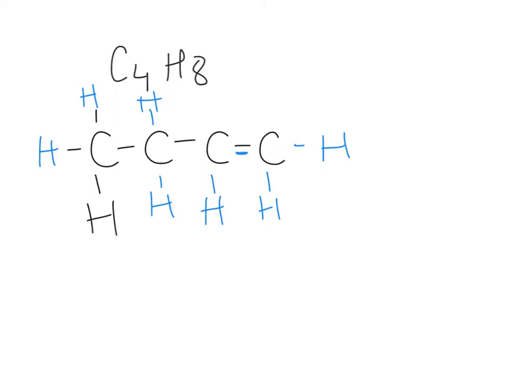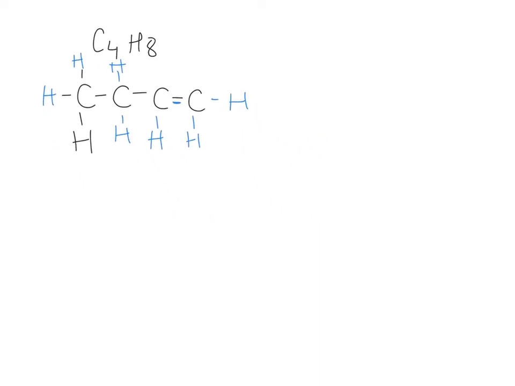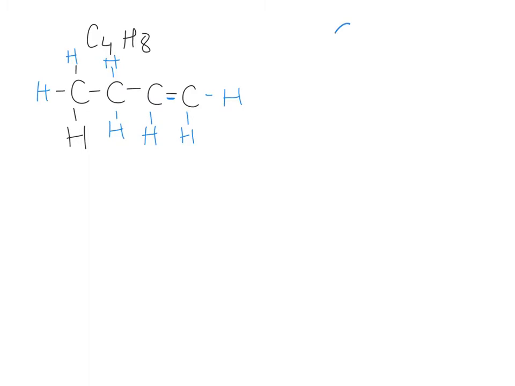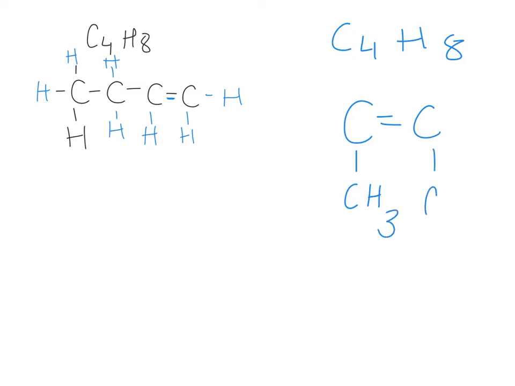Another way we could draw C4H8 is to take into account that we have a double bond here and that we have branches coming off it. Sorry, that should be CH3, CH3 and then 2 hydrogens here.